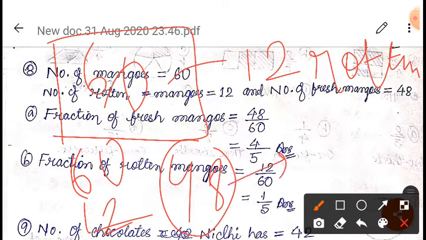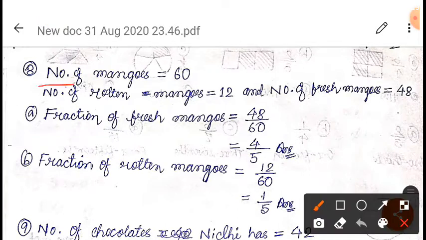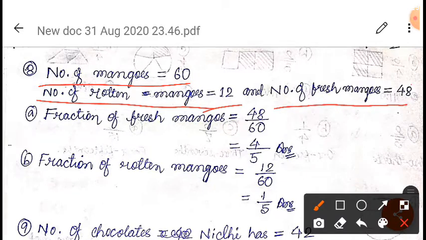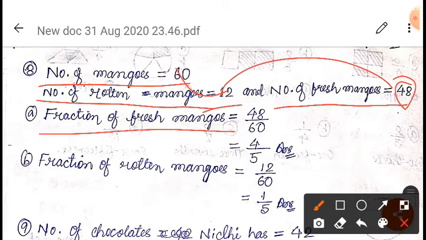So I have written the number of mangoes is 60 and the number of rotten mangoes is 12. Then the number of fresh mangoes will be 48, because 60 minus 12 is 48, right? So the fraction of fresh mangoes will be 48 by 60, because they are asking to write the fraction of mangoes that are fresh.